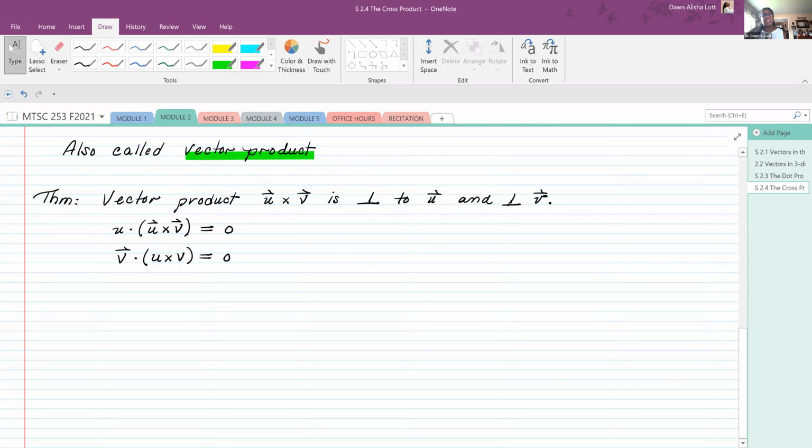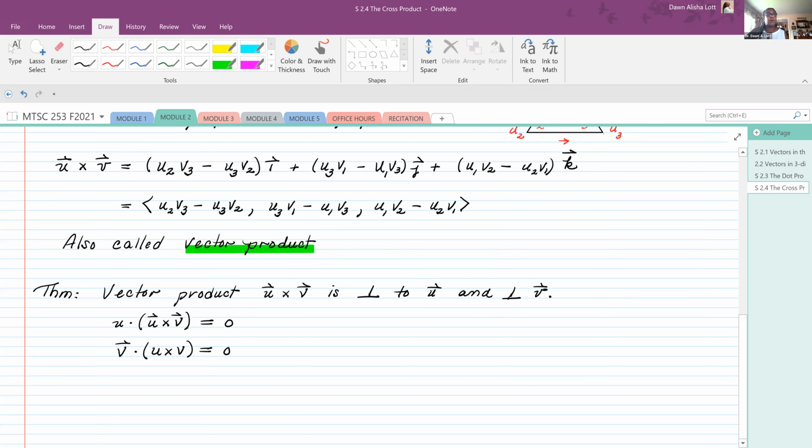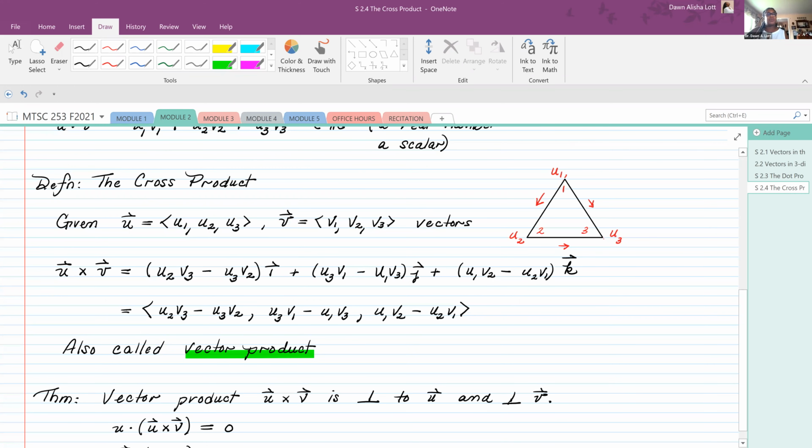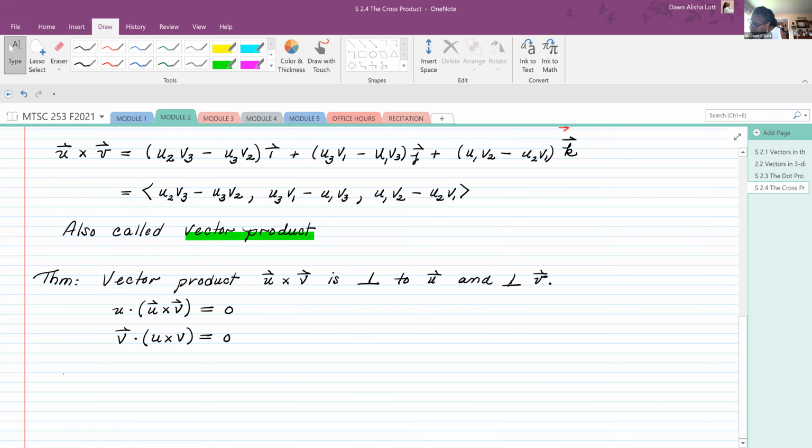Okay, so it's easy to show. I'll start it off. So we already know what U cross V is. So U dotted with U cross V says take the first component of U, which is U1, and then multiply that by the first component of U cross V, which is U2 V3 minus U3 V2.